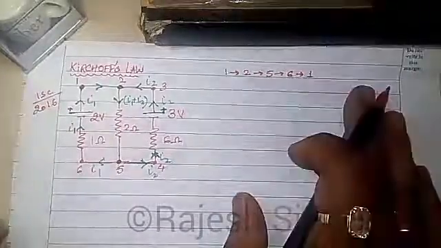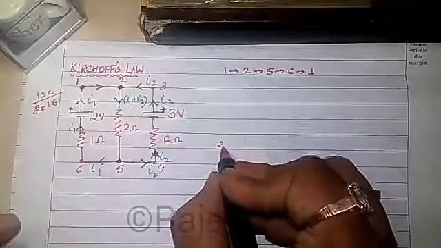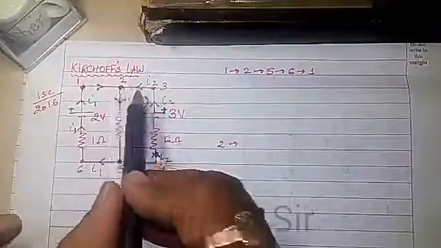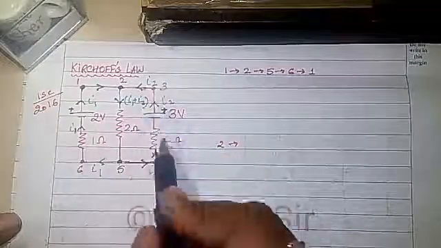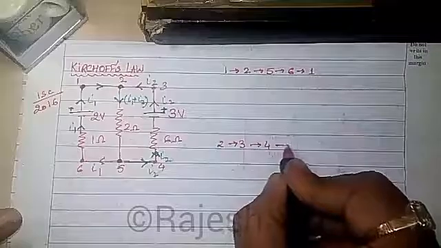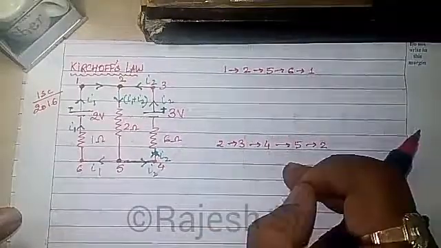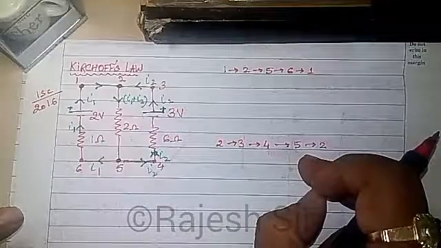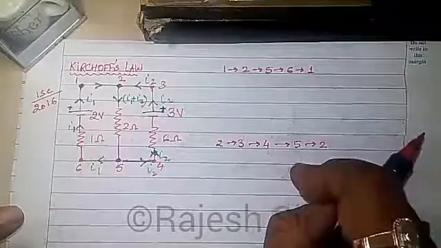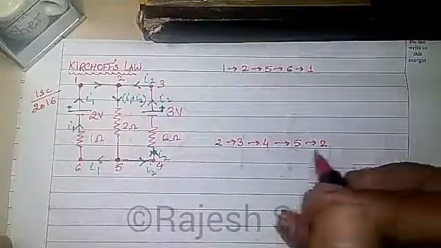And the second mesh that I am going to choose may be 2 to 3, 3 to 4, 4 to 5, 5 to 2. Again, this is the second mesh, and this is the direction of travel. Remember, I am choosing the direction of travel independent of the direction of flow of current.